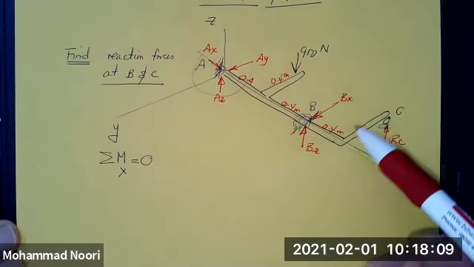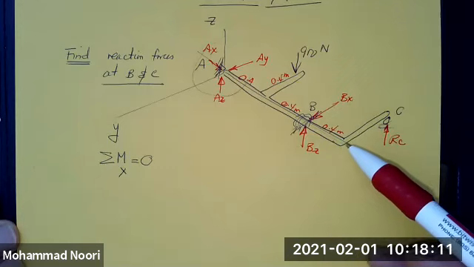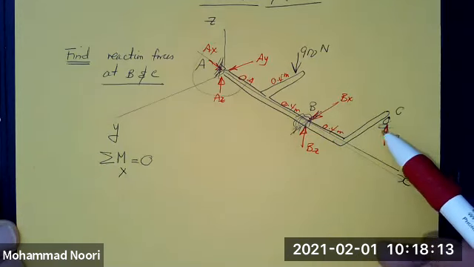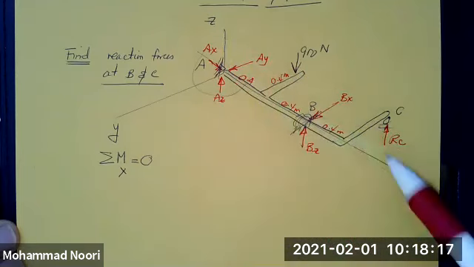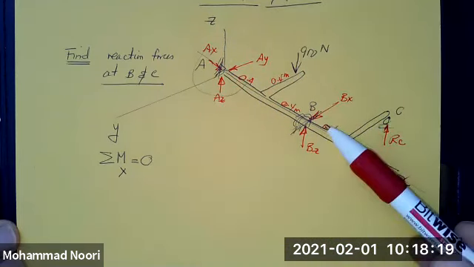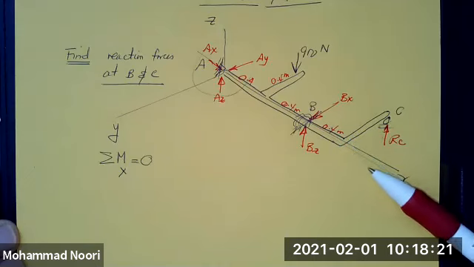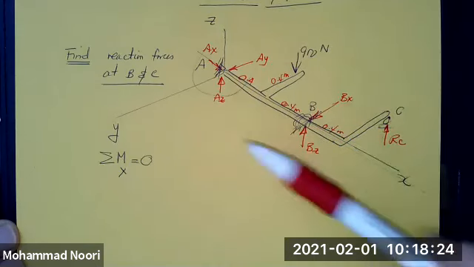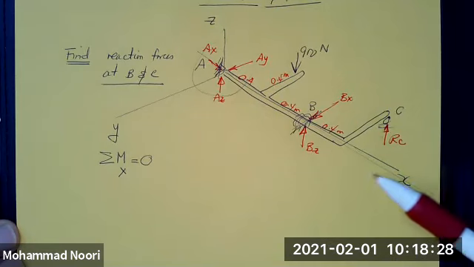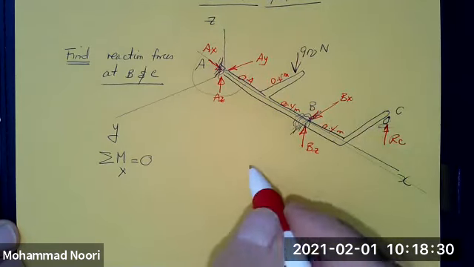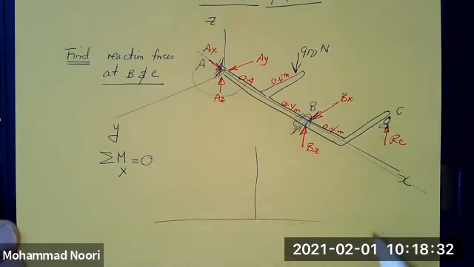However, although this is a 3D problem, since these forces are parallel to z-axis that is perpendicular to xy, if I look at this frame, I'll put my eyes along x-axis, this is what I would observe, right?